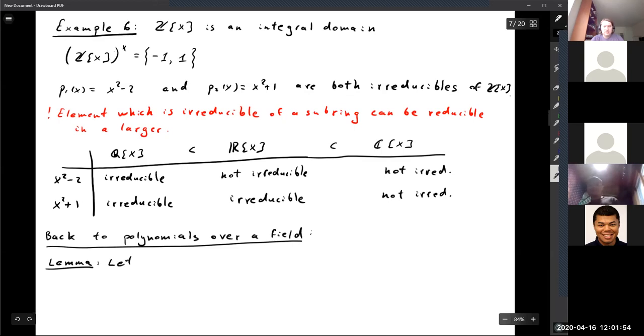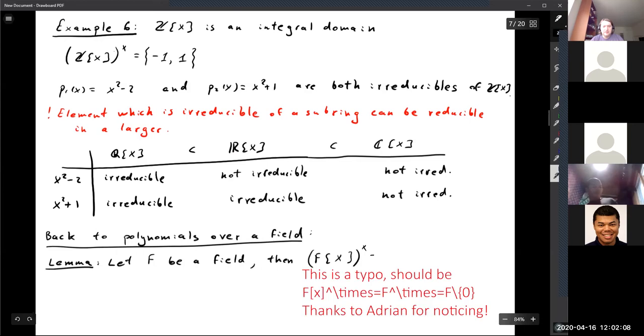Let F be a field, then the group of units of the polynomial ring with coefficients in F is just 1 and minus 1. Only two polynomials are invertible.